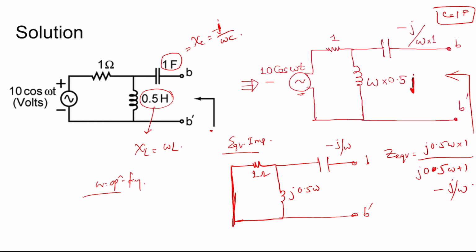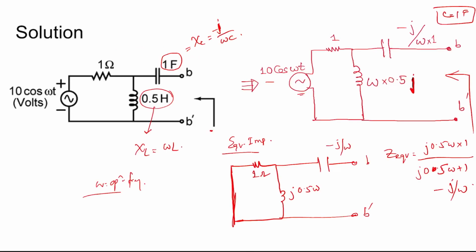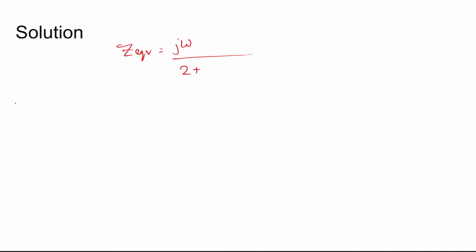So multiplying numerator and denominator by 2, we get Z equivalent equal to j omega divided by 2 plus j omega, minus j by omega.